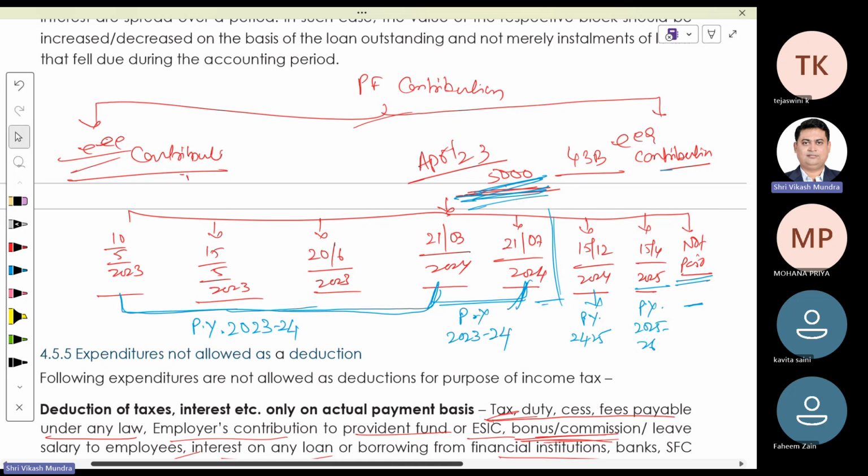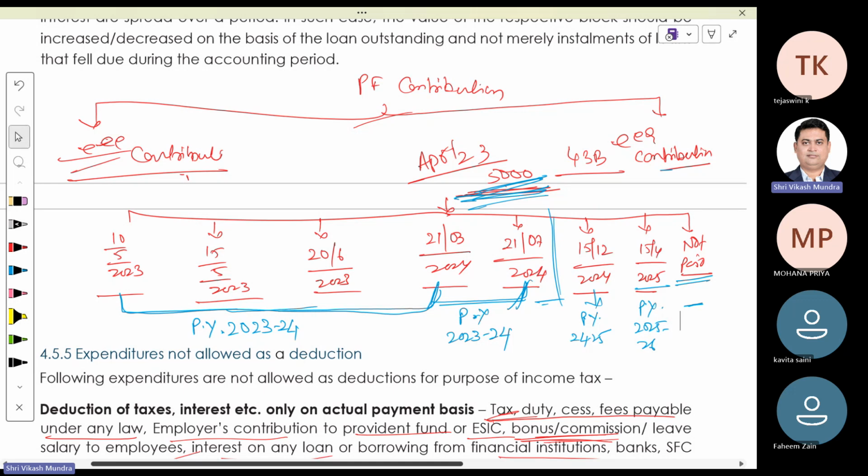Employer's contribution to provident fund, ESIC, ESI, or bonus, commission, or leave encashment to employee, interest on any borrowed capital from bank or financial institution, or all this type of expenditure, if we have debited our PL statement but payment has not been made within this given time frame, then that expenditure is not available as a deduction, even though it is revenue in nature, even though there is no special section for this type of expenditure.